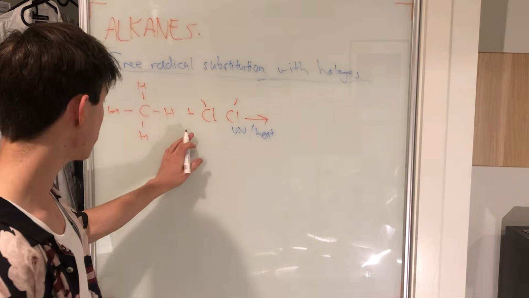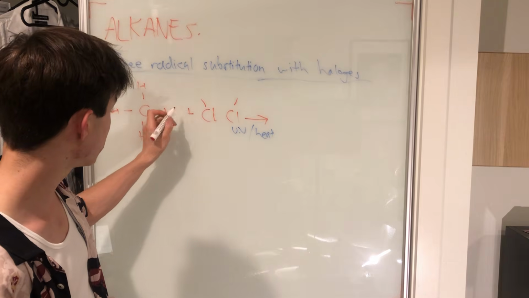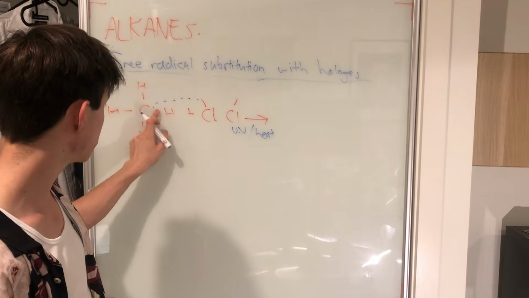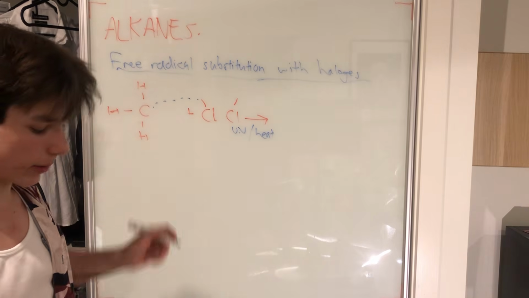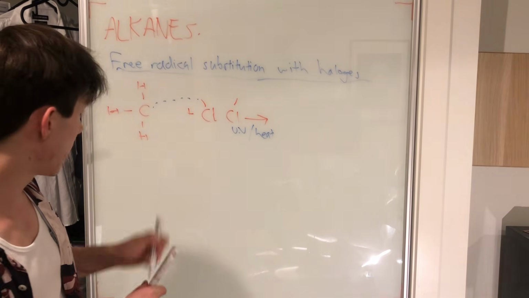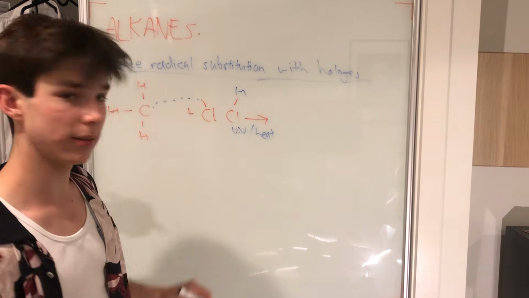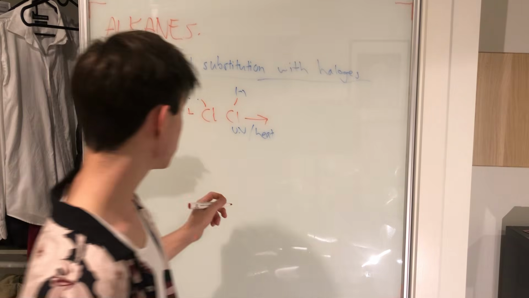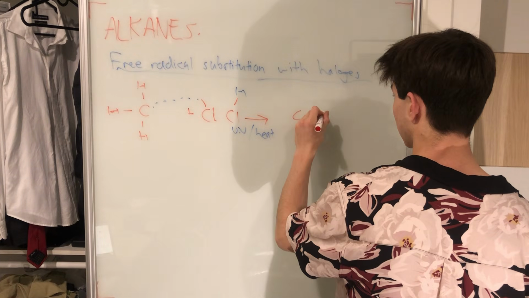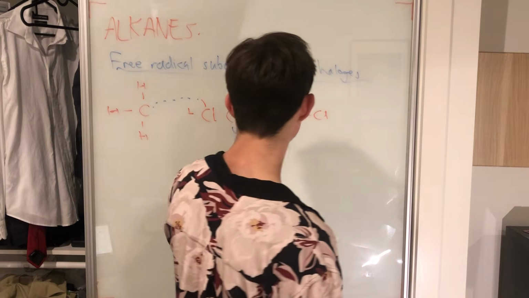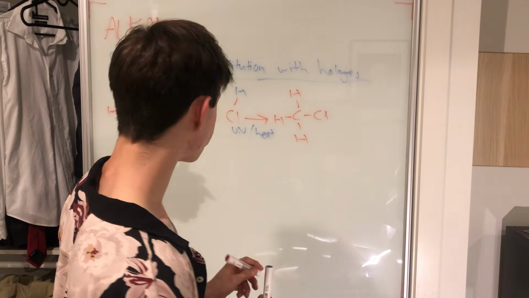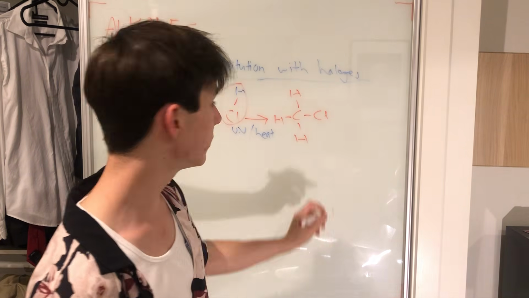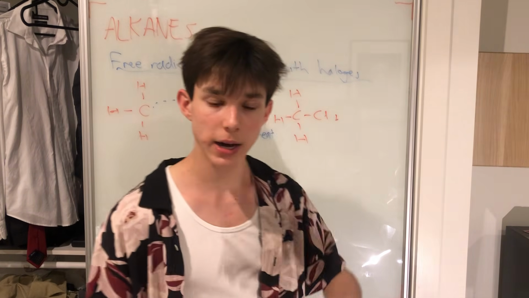And in fact, they're so eager that this one is going to go ahead and bond with the carbon atom, and that hydrogen is going to get kicked out, and it's going to bond with this chlorine atom. So now they've both got a friend, and what we end up getting is chloromethane. So we've substituted the hydrogen, and importantly, there's a byproduct. So HCl, in general, we're going to get a hydrogen halide.